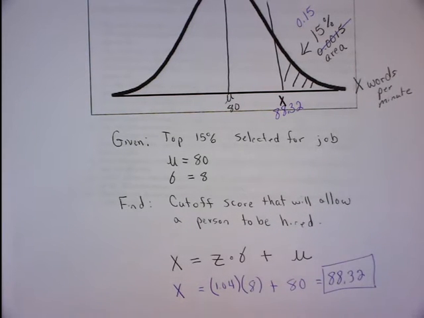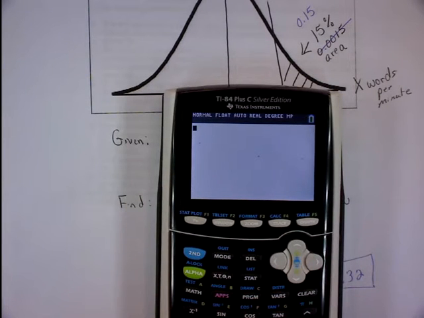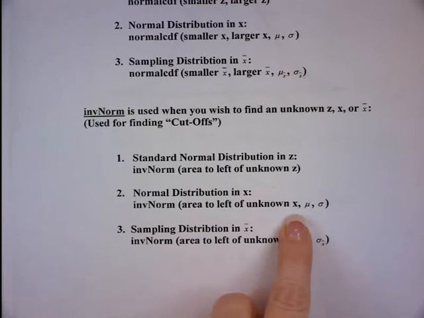Now, calculator. You will have to do invert the norm with the calculator. And so let me get out the tip sheet if I have that handy. You will do the area below the unknown x, the mean, and the standard deviation in that order.